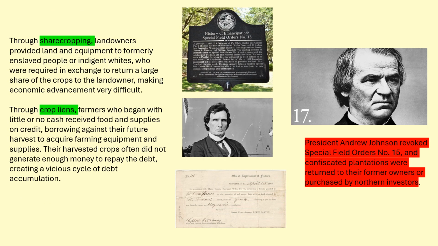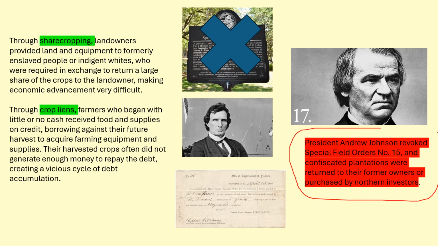which is going to lead to the question: does Congress need to set aside land? Who has to give up land? Who's paying for all of this stuff? And eventually the end result is going to be that Andrew Johnson, as it indicates down here, is going to revoke that field order.